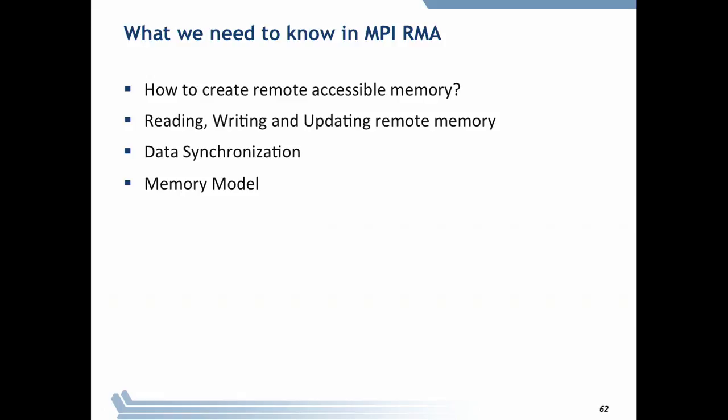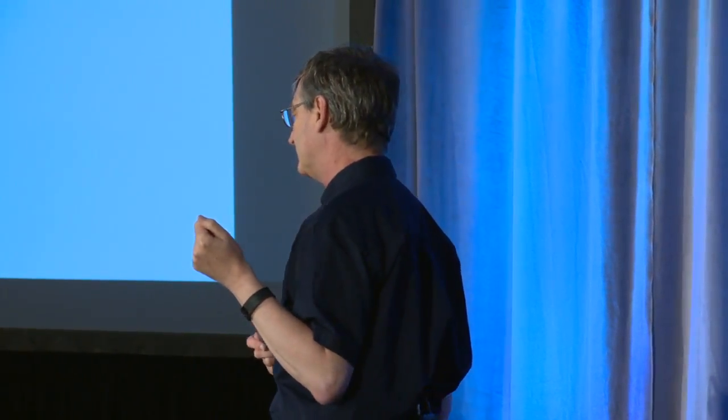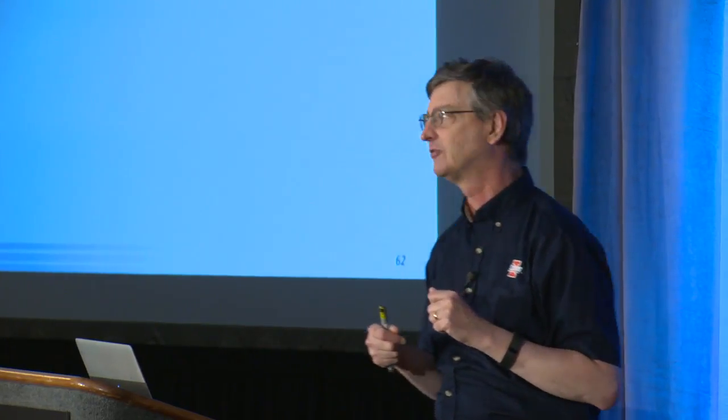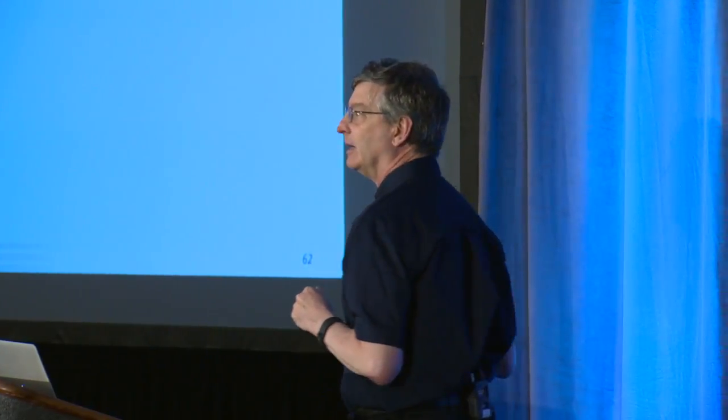Okay, so once we've done that, I'll cover how we do the communication. How do we do reads and writes and updates? And I will say MPI 2 introduced a fairly limited set of operations. It was sufficient to do some applications, and there were a few implementations, particularly on the Japanese supercomputers, that took advantage of this.